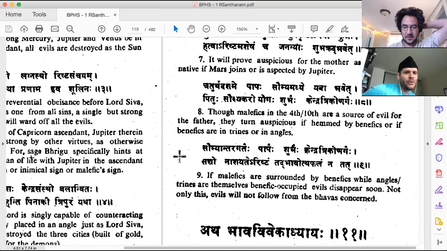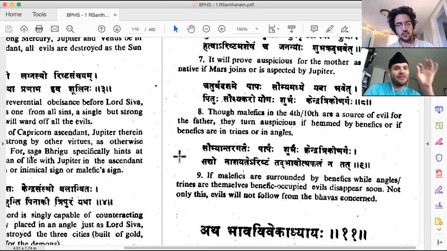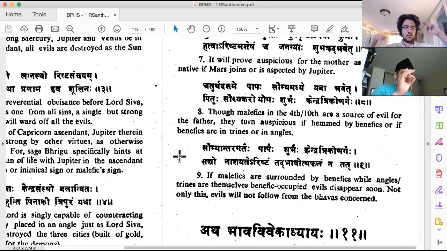And not only that, you can take that idea even further. If you have a Yoga Karaka planet, let's say Venus as Yoga Karaka for Capricorn or Aquarius Lagna, and you have Venus in a quadrant, and then you have Jupiter to one side and Mercury to the other, that Raja Yoga is going to be even more powerful because of this benefic hemming.